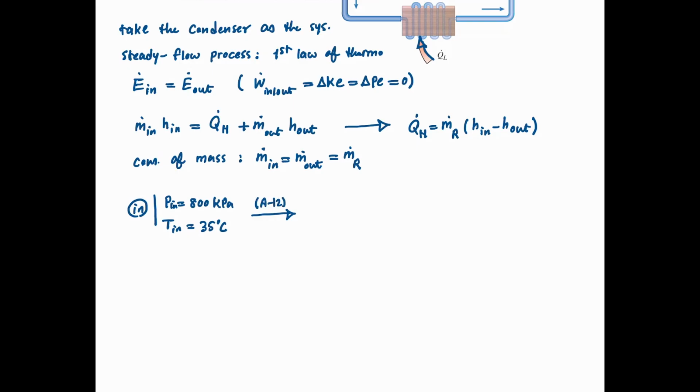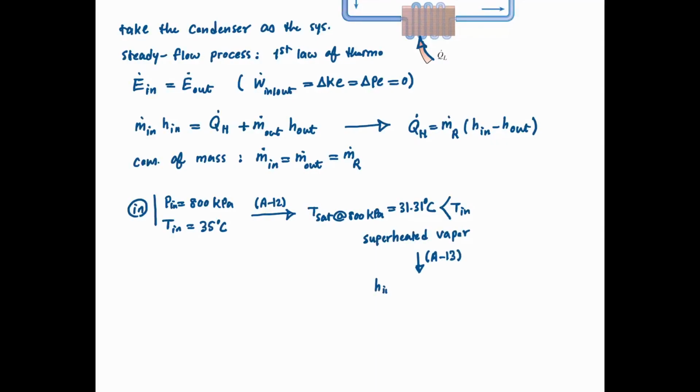At the given pressure, I'm going to read Tsat. Tsat at 800 kilopascal is equal to 31.31 degrees C. Then I'm going to compare this number with T in. T in is greater than Tsat, so refrigerant enters the condenser as superheated vapor.